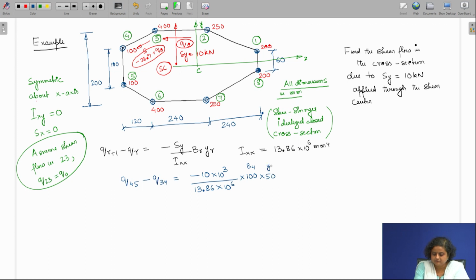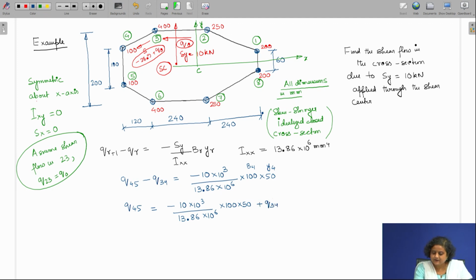So, Q45 is going to be minus 10 into 100 into 50 plus Q34.